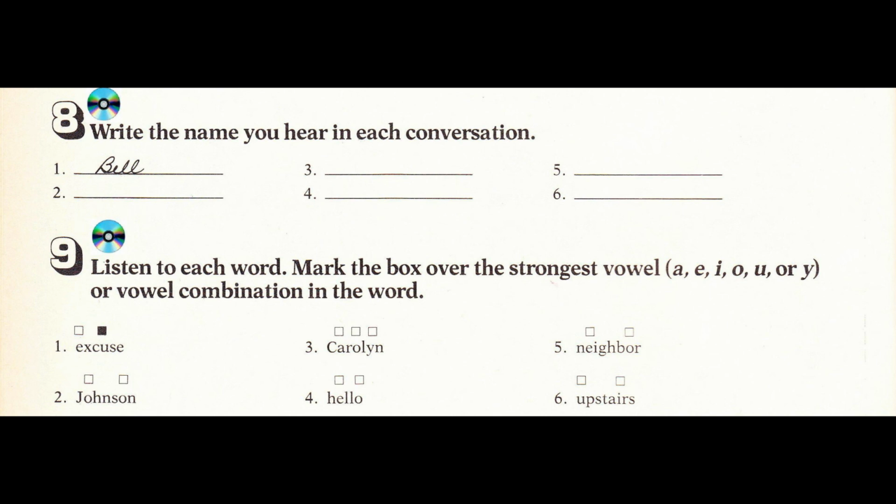Exercise 8. Write the name you hear in each conversation. 1. Could you spell your last name, please? Bell. B-E-L-L. 2. What's your last name? Saunders. S-A-U-N-D-E-R-S. 3. Your name, please?